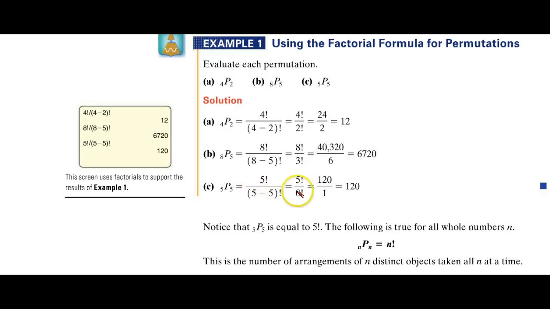Now 5 minus 5 is 0 factorial. But I don't know if you recall, but 1 factorial and 0 factorial both equal 1. So there's our 1. So it's 5 factorial, which gives you the 120.